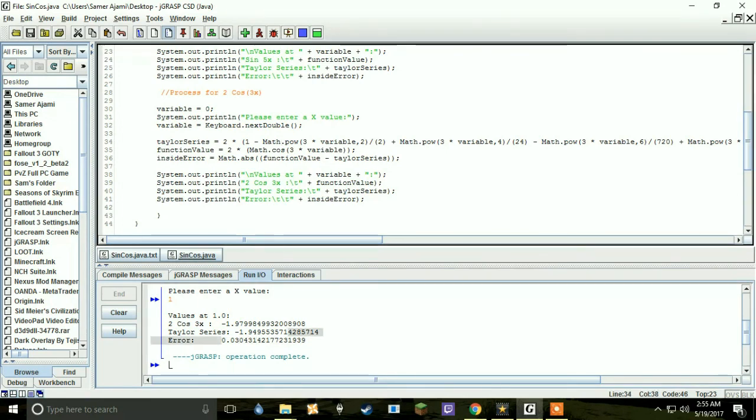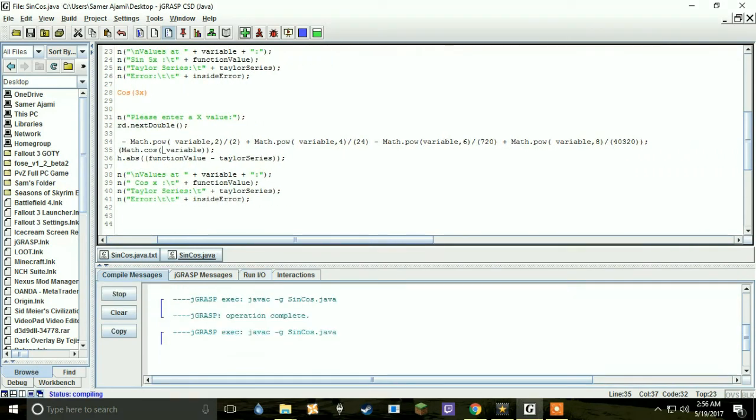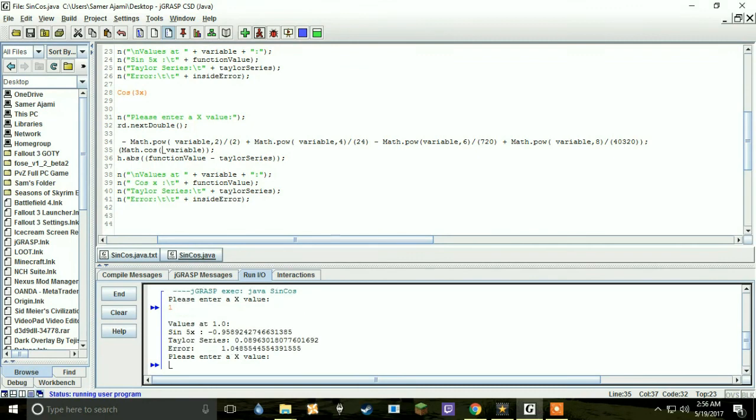It's not a lot. I'm going to change this so that it's for cosine alone and not 2 cosine 3x. You know what that means? It means getting rid of the times 2 and the times 3. Run. We don't care about that because that's sine. Ta-da!